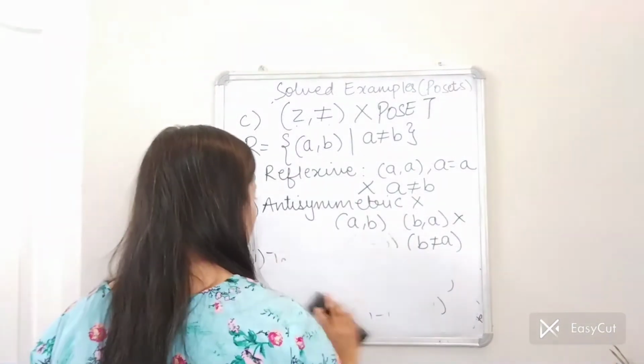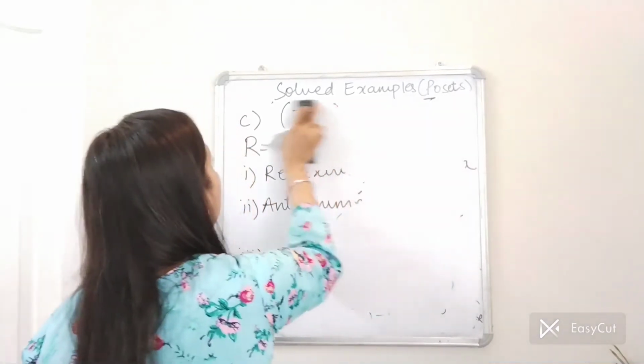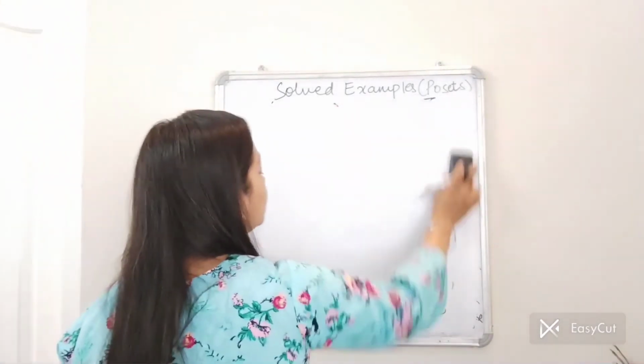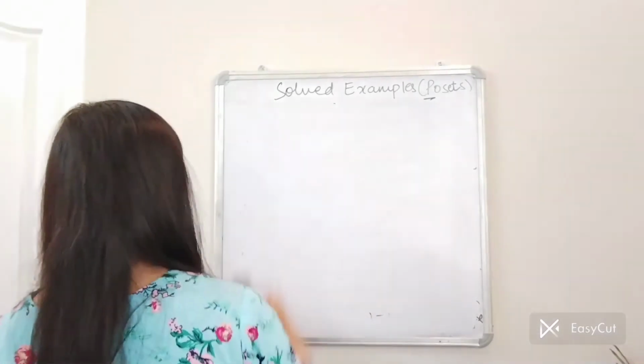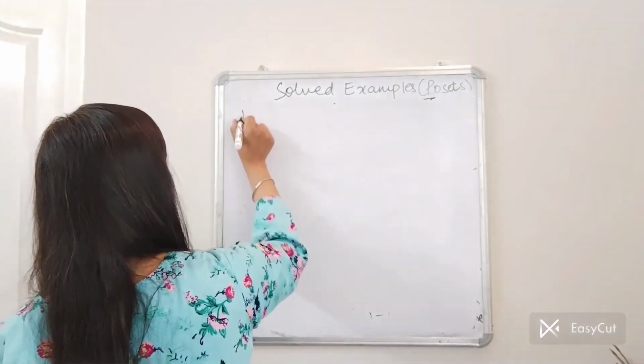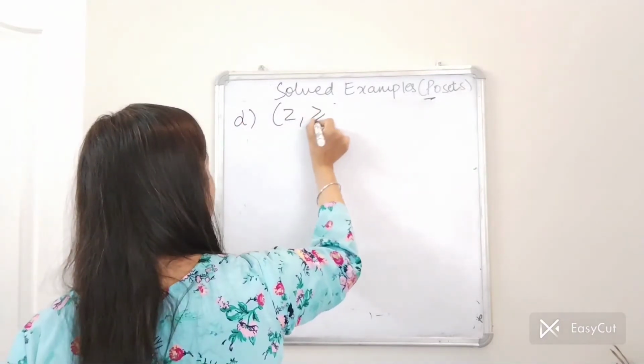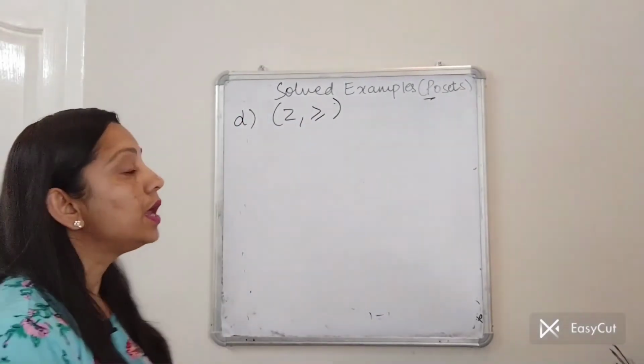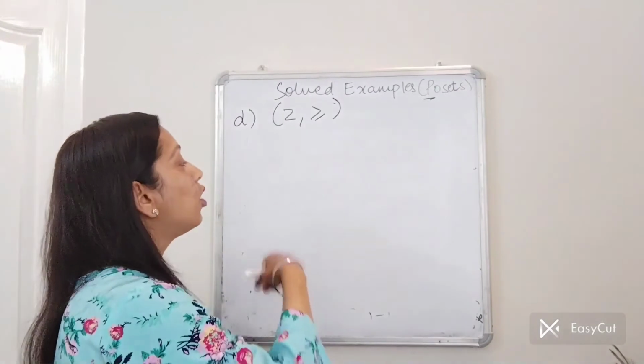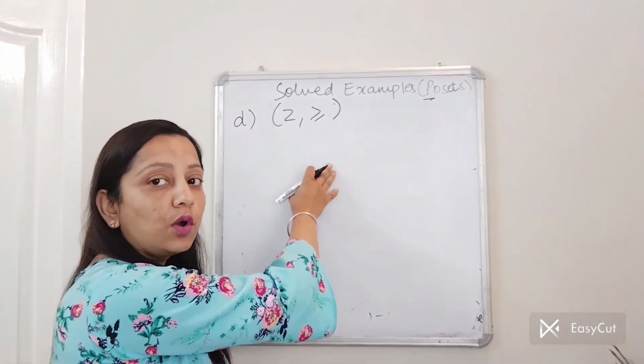Okay, now let's look at the last problem of this problem 1, which says Z comma greater than or equal to. Now I have to see whether Z comma greater than or equal to is a poset or not.